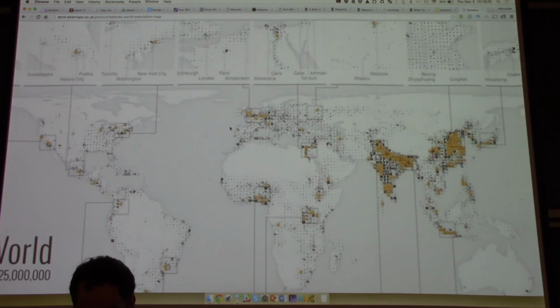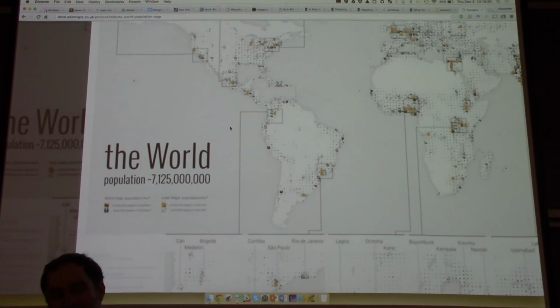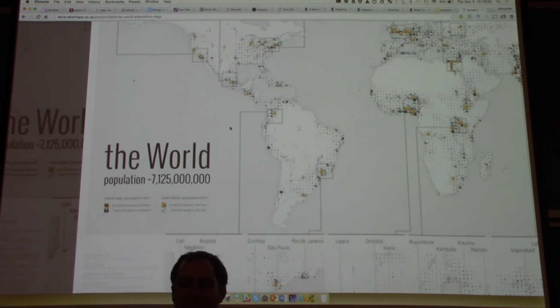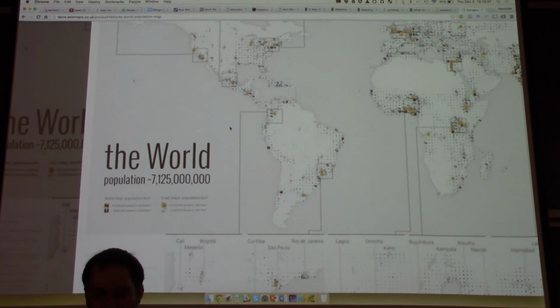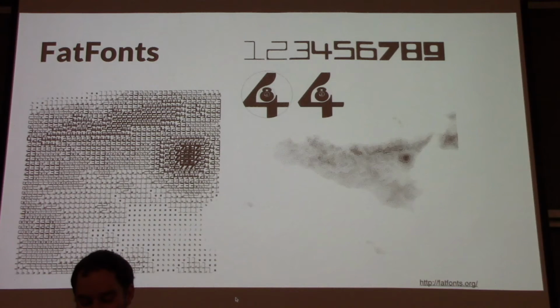It's a little tough to read. I think this is a cool idea, but it's probably a little bit more artistic than data visualization. It's great to have this as a poster, but it's not really an efficient way of communicating the data, at least in my opinion.